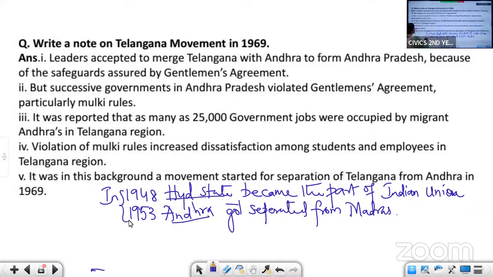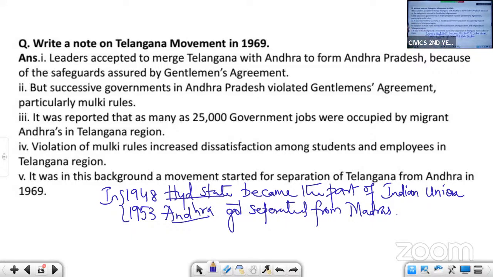These two states had Telugu speaking people in both regions. And Hyderabad was well developed. Andhra was newly formed, so it was not developed.